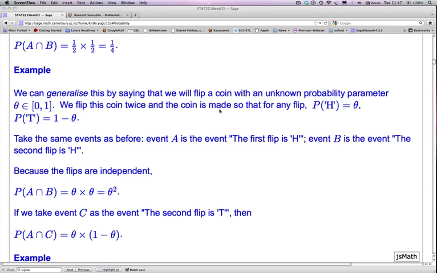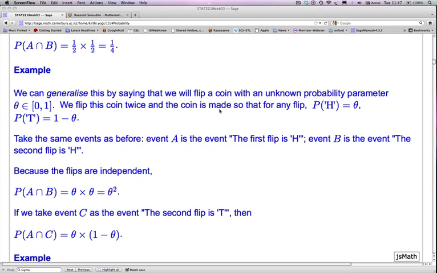So now take the same events as before, where event A is the event that the first flip is heads, and B is the event that the second flip is heads, just like in the previous example. Now because the flips are independent, once again, how we toss the first coin has very little to do with how we toss this coin the second time, or how we toss another coin of the same type.